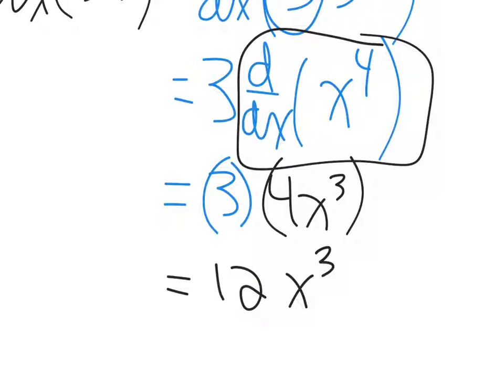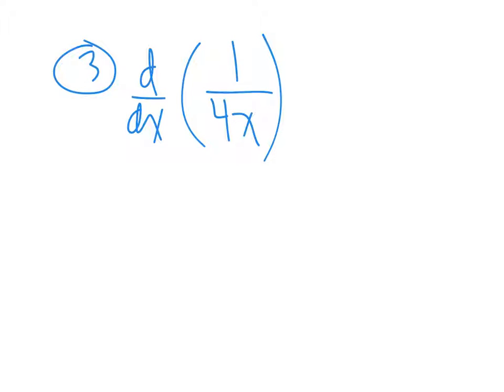It's called the constant multiple rule. All it means is the derivative of 3x to the 4th is the same thing as 3 derivatives of x to the 4th. That's really critical. Let's move on to another question.